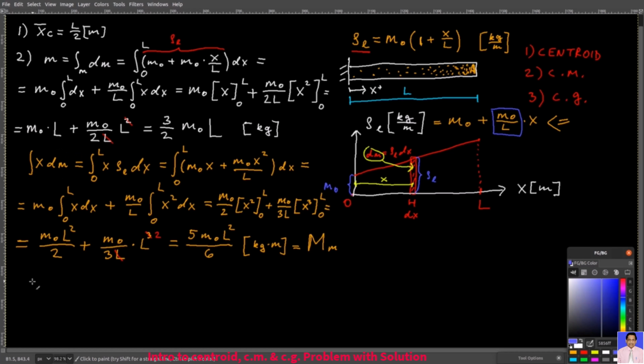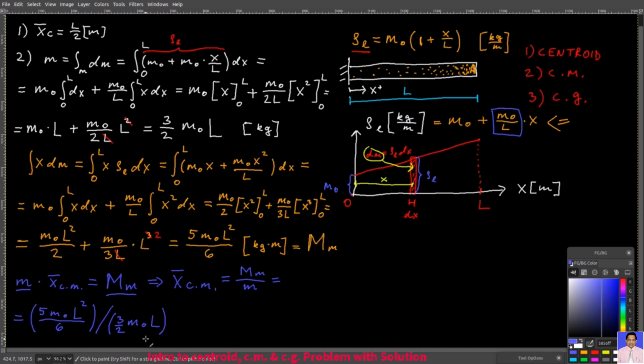And now you take your mass, and if you multiply it by the distance for your center of mass, then you get this mm. Now you know the mass and you know mm. So your unknown is your center of mass. So your x bar cm equals mm over the mass. This is your mm divided by the mass.